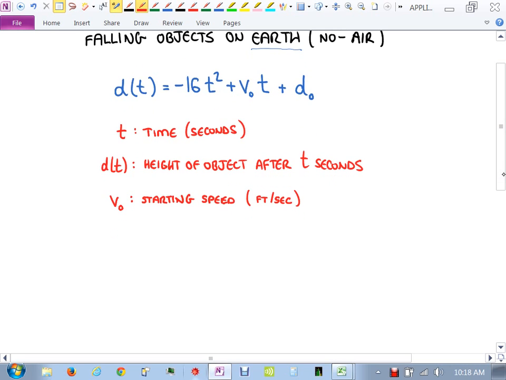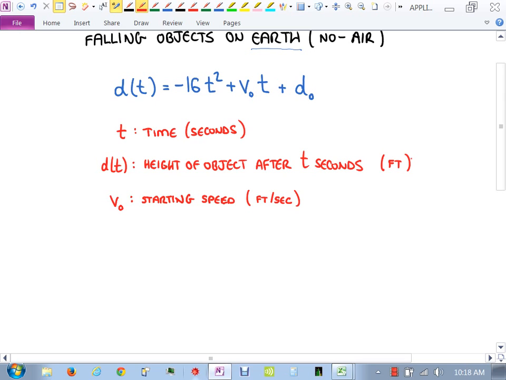I forgot to put what units the height's in. In this formula, the height, like when it spits out the answer, the height it gives you is always in feet. Okay, it's not in miles or anything like that. Inches, it's always feet. Okay, so you put in how much time's gone by in seconds, 2 seconds, it spits out how many feet off the ground it is or how high it is off the ground in feet. The starting speed is given in feet per second.